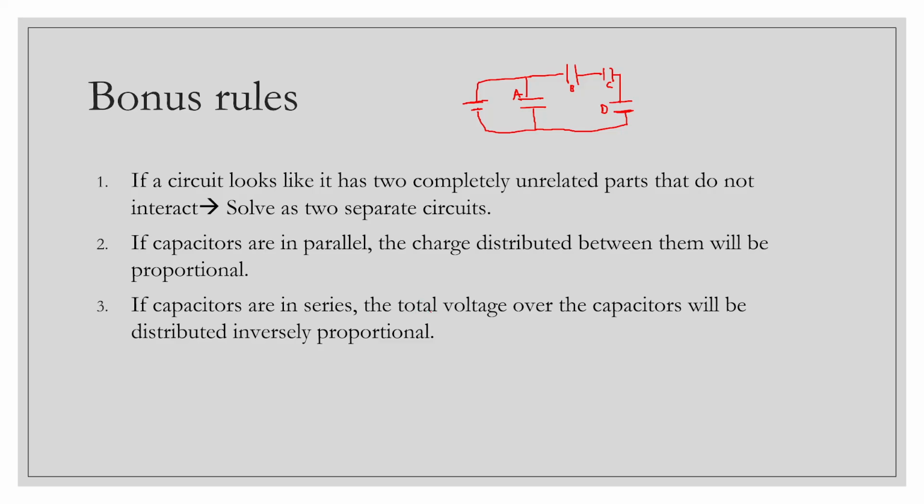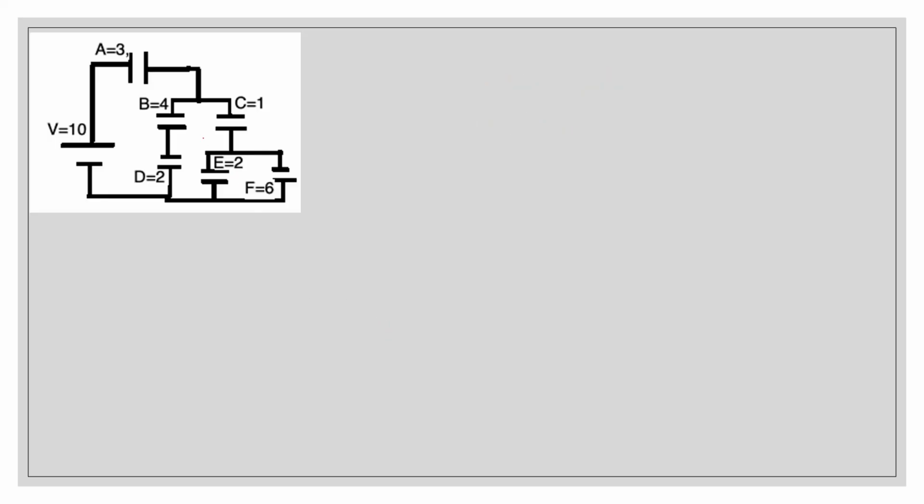If capacitors are in series, the total voltage over the capacitors will be distributed inversely proportional. So let's look at that again. Now this is going to be relevant for B and D. So we're separating B and D out. What I know is that B and D together, right? Because VA was 4.253, which means that if we did the loop rule, we would have 0 equals 10 minus 4.253 minus VB minus VD.